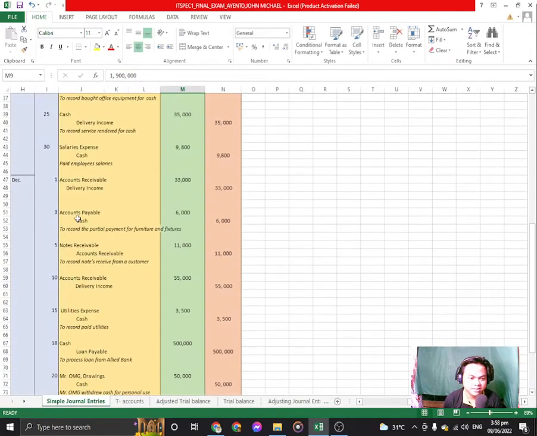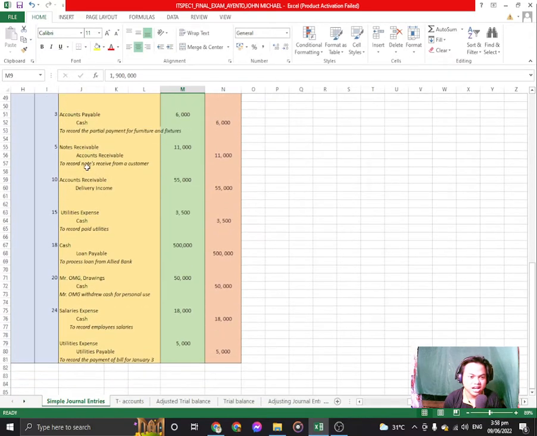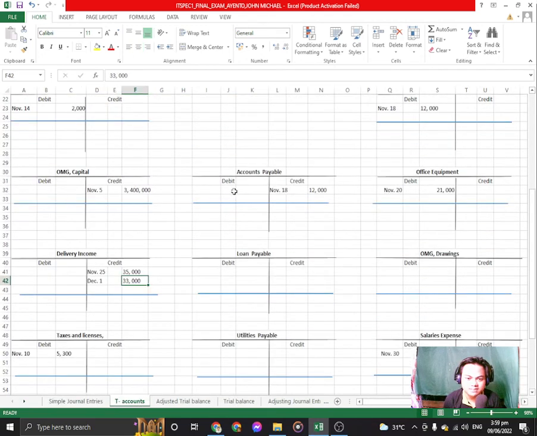Okay, for December 3, accounts payable, we have the debit 6,000 pesos and the cash for the credit is 6,000 pesos. Accounts payable for the debit, December 3, we have 6,000 pesos.